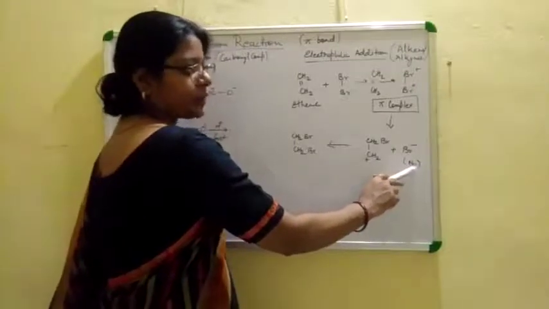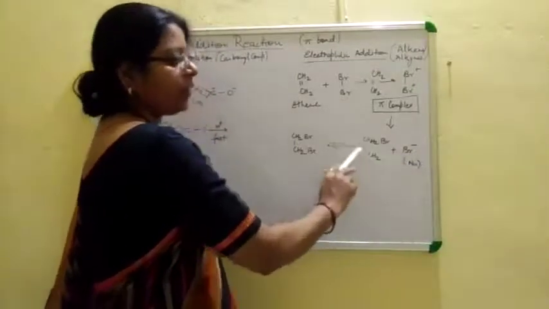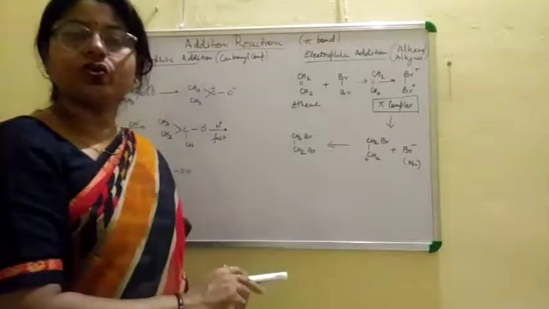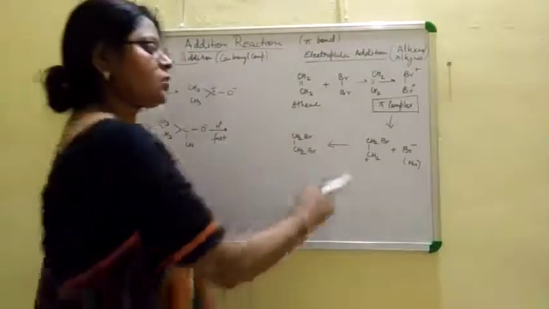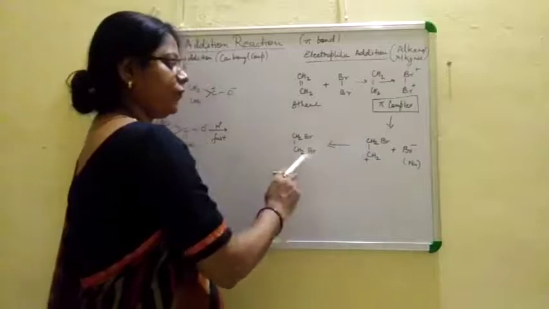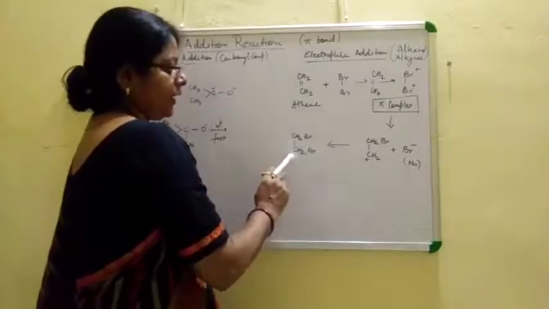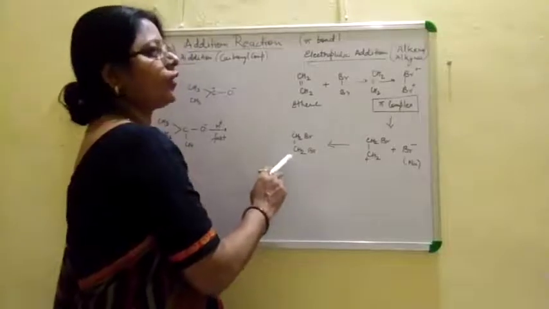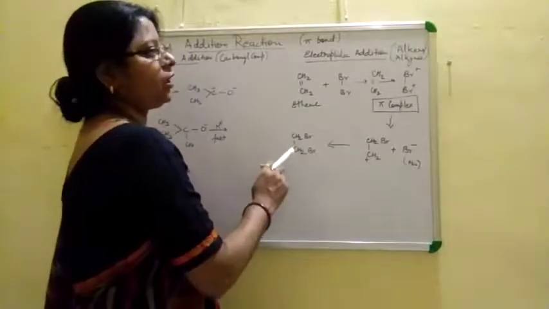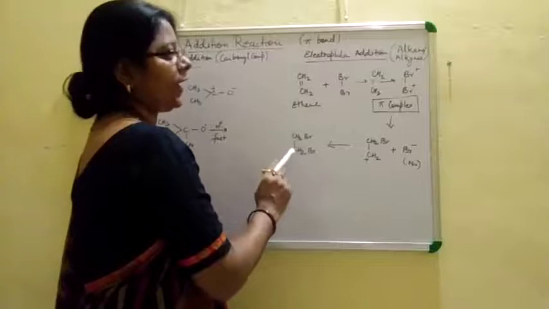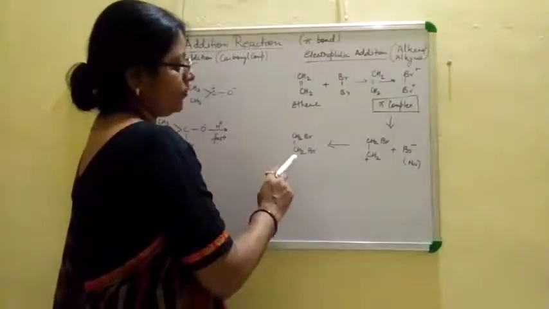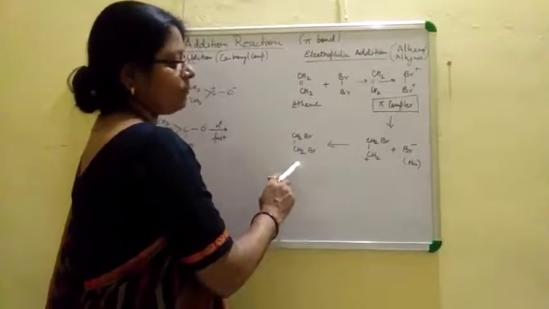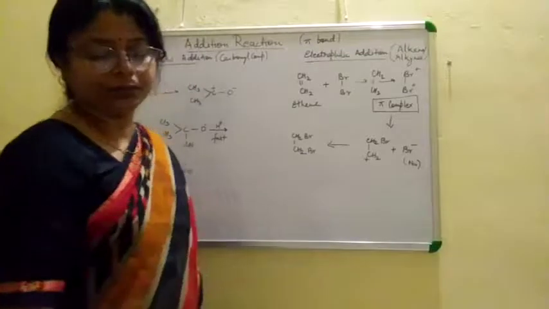This nucleophile is very reactive and immediately, because carbocation is also a short-lived species, they both react together and form ethylene dibromide. So the electrophilic addition in alkene and alkyne takes place by this method.